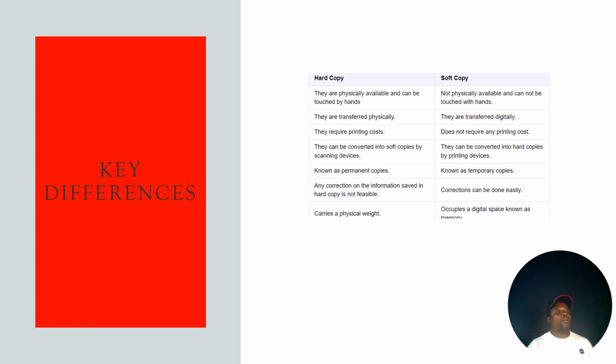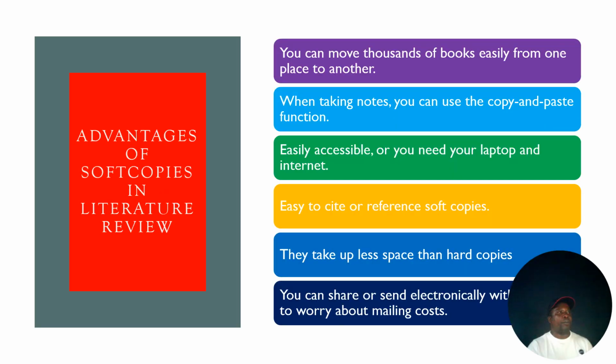And when it comes to weight, hard copies carry weight. That's one thing that we can agree on, that books are actually heavy. But when it comes to soft copies, we actually talk of megabytes, we actually talk of gigabytes. So that's some of the differences of a soft and a hard copy.